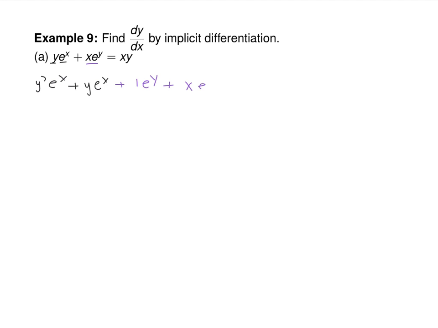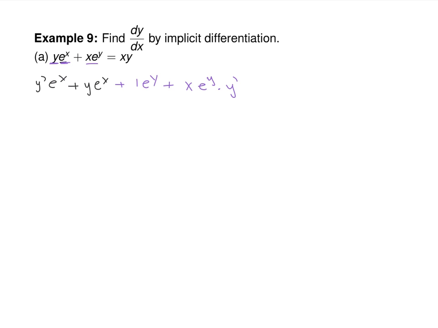Okay, e to the y, and that one needs a y prime. On the first one, y is your first function, e to the x is your second function. So first I differentiate y, right? Is that okay? All right.